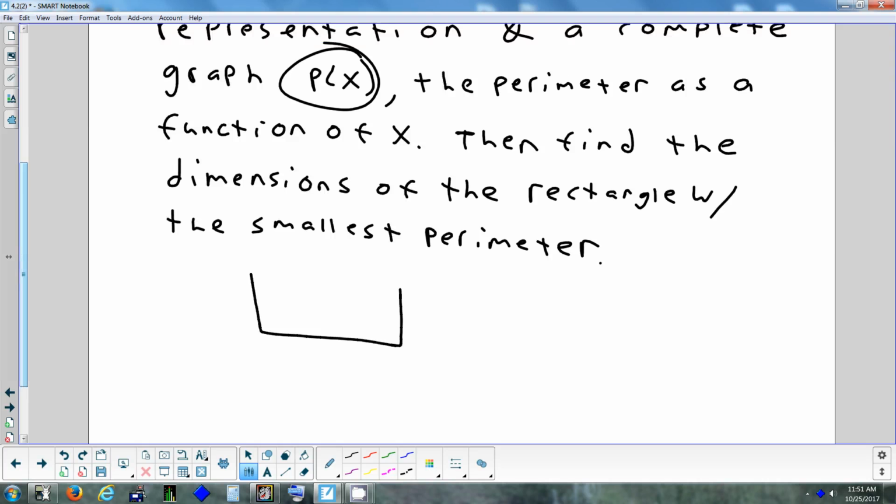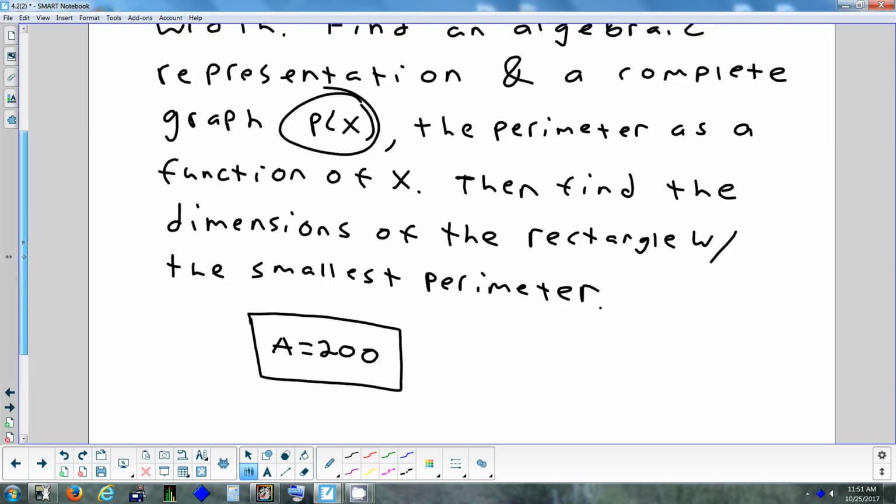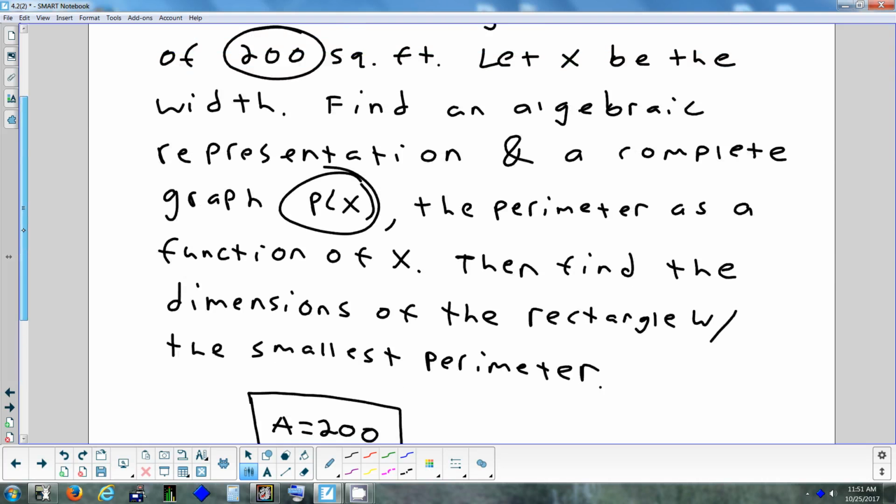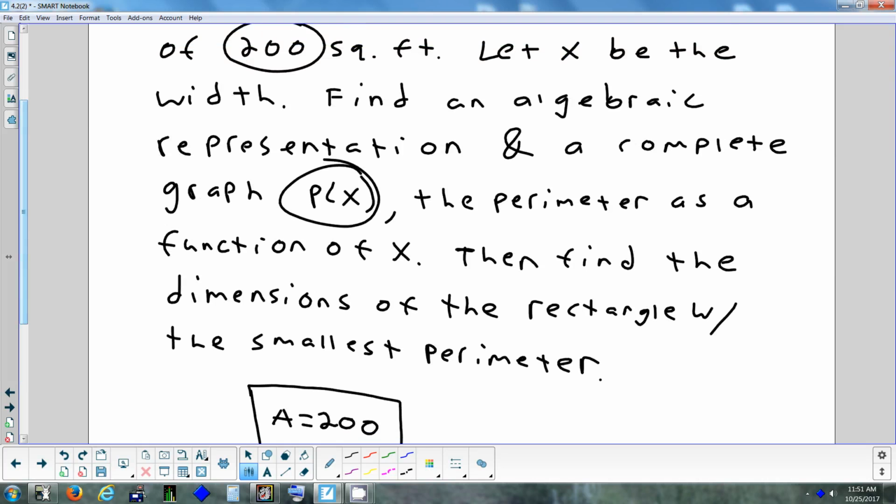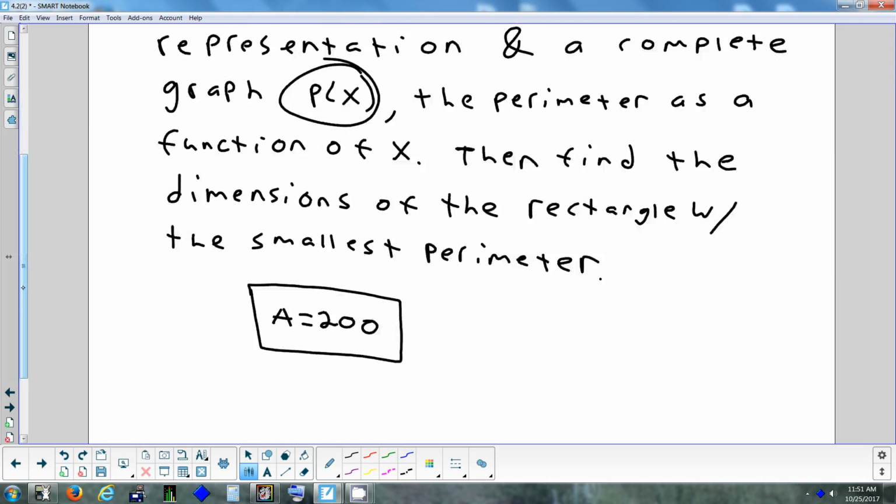So here's our rectangle. What's the area of the rectangle? Yeah, Destiny? 200 square feet. And they tell us one other thing about the rectangle. What else can we label? The width is x.